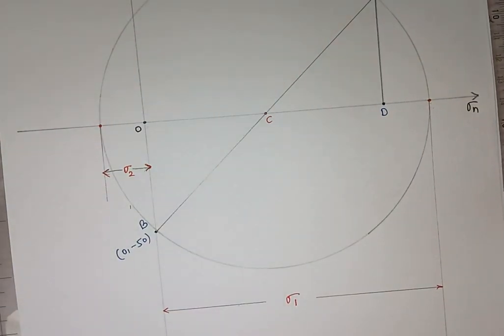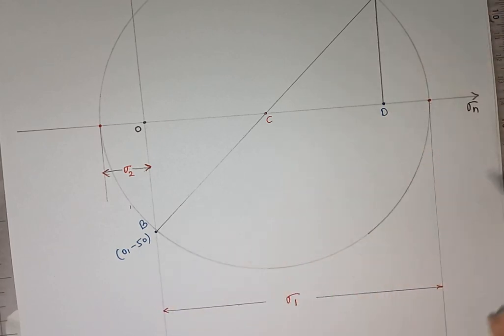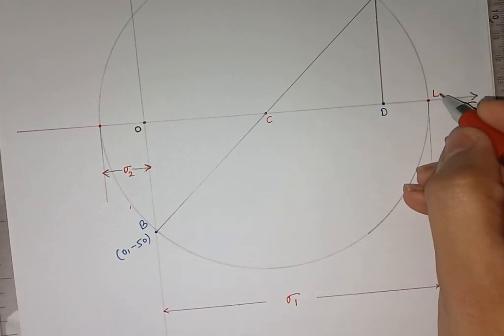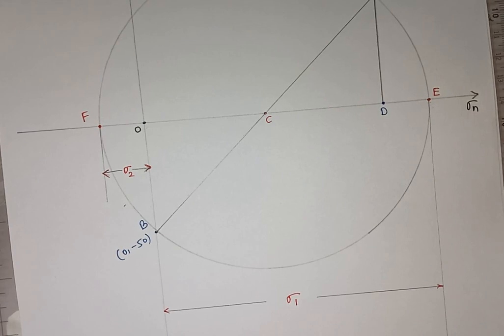So I am done with sigma 1 and sigma 2. So it is A, B, C, D. I will take this point as point E and I will take this as point F. Right? So after marking sigma 1 and sigma 2, now I need to mark an oblique plane.